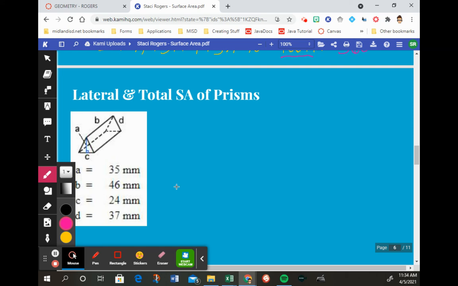This one's different, but it's similar to what we just did. It's an isosceles triangular prism. What does isosceles mean again? 2 sides are the same. So we're going to draw the triangle.